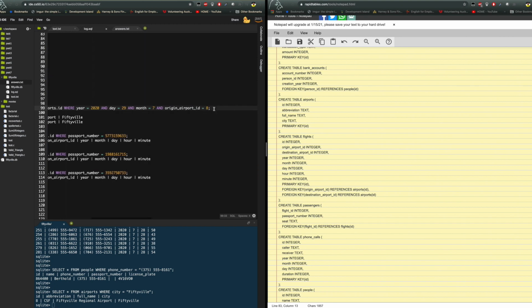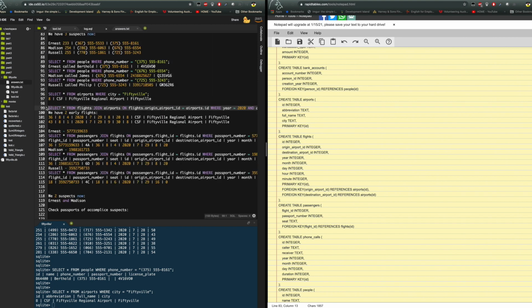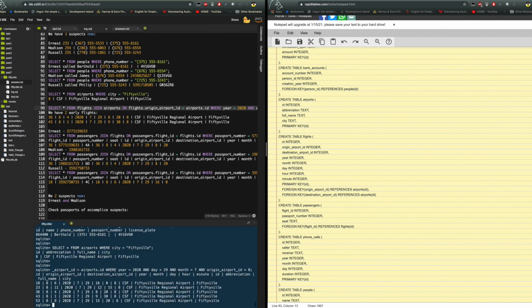Then I decided to check who actually left from the flights table. As you can see, they had origin airport, destination airport, year, month, day, hour, minute, and I decided to check what flights were from Fiftyville on the 29th, the next day.